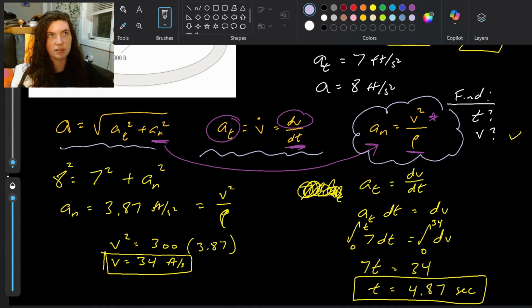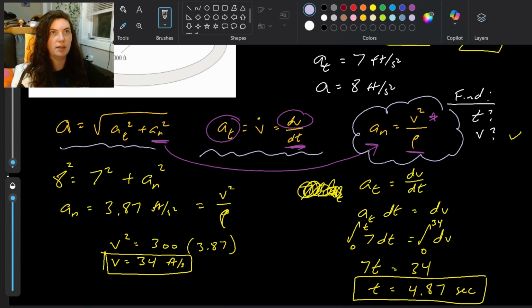For example, this acceleration in the normal direction has its own special equation that we have to use when we're working in a different coordinate system. So in different coordinate systems we may have different requirements and slightly different equations, but we just want to use the best coordinate system for us.